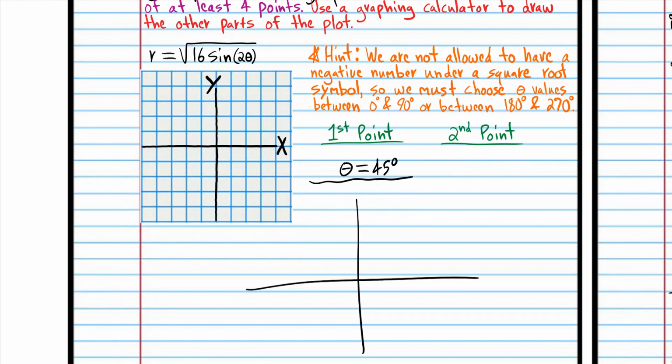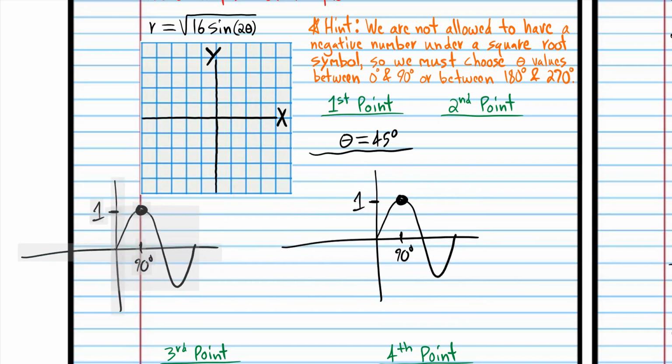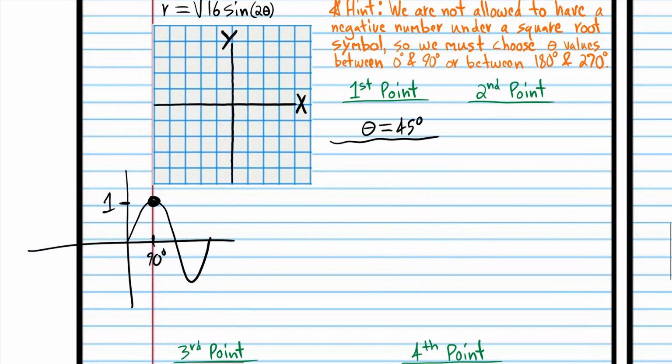We just need to remember our graph. Sine 90 degrees is equal to exactly 1. Alright? So those are your graphs, your sine and all the different graphs. You need to memorize those.